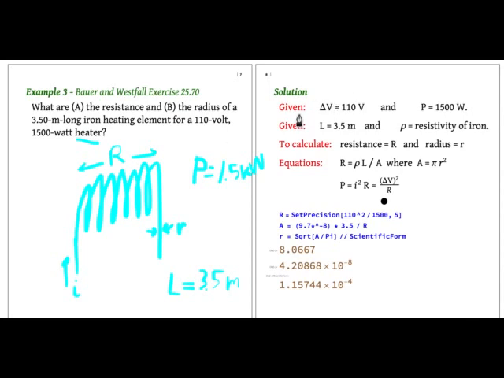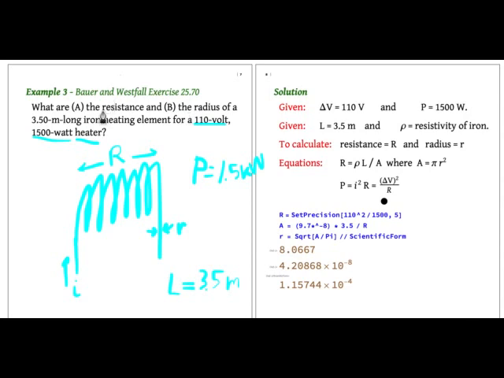So here are the things that are given. Delta V is 110 volts. Power is 1,500 watts. That's the power. We're also given the length of the wire, 3.5 meters.